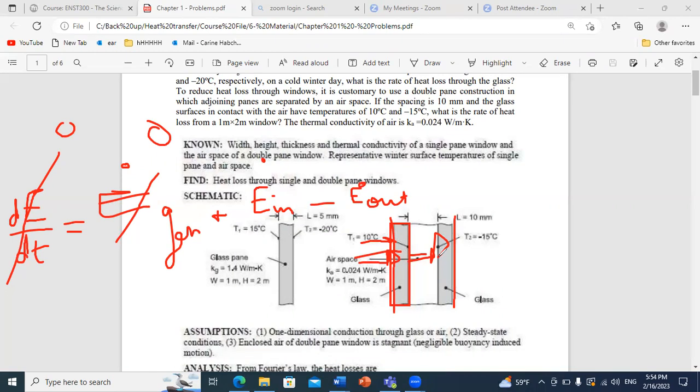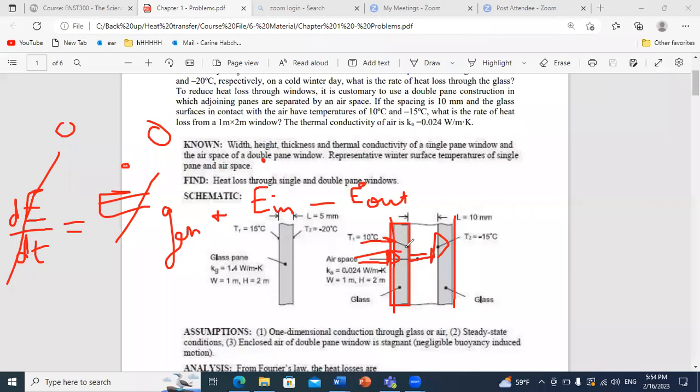Conduction, exactly. You don't have a fluid moving over the surface to say that you have a convection. They didn't give you any input about the surfaces at different temperature, and they didn't give you emissivity to talk about radiation.